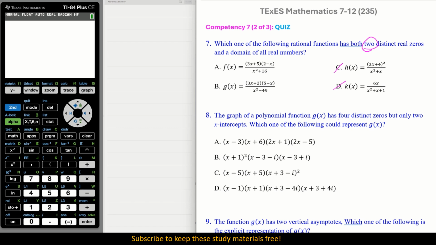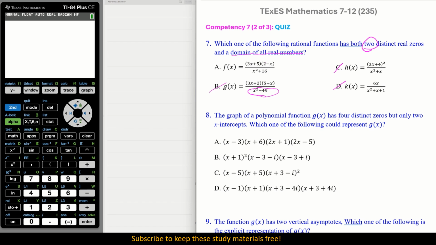We can quickly see that A and B will both give us those zeros that we need, looking at their numerators. Now let's look at the denominator. It says domain of all real numbers. Well, we see right here that B will not give us all real numbers. We will have vertical asymptotes at 7 and -7, x equals 7 and x equals -7.